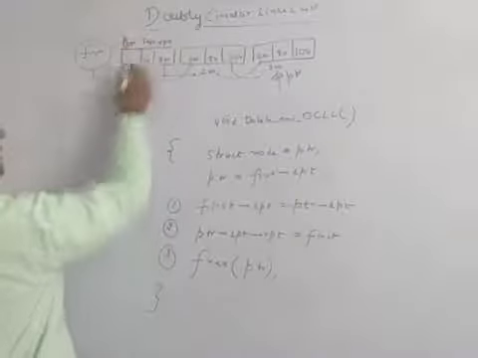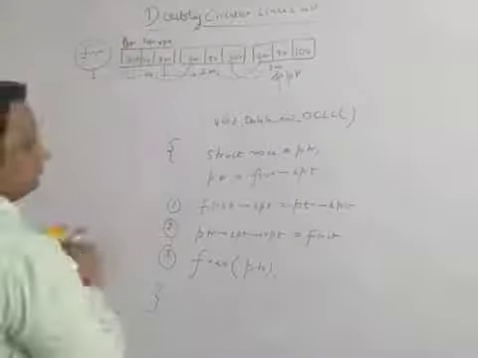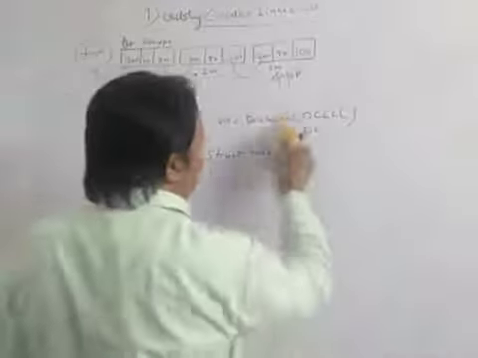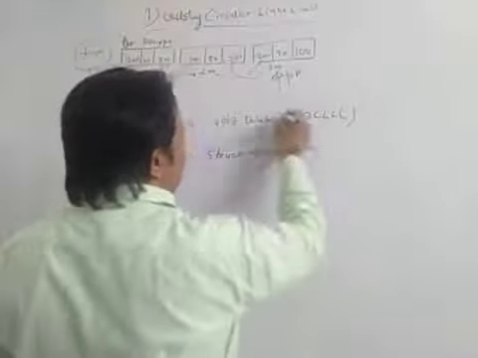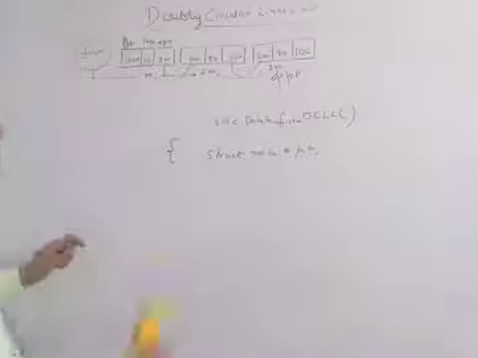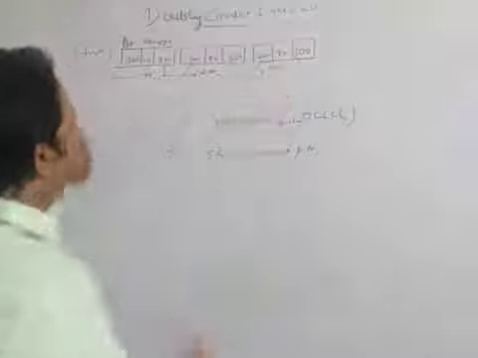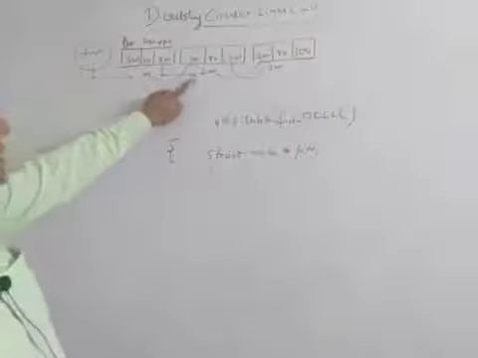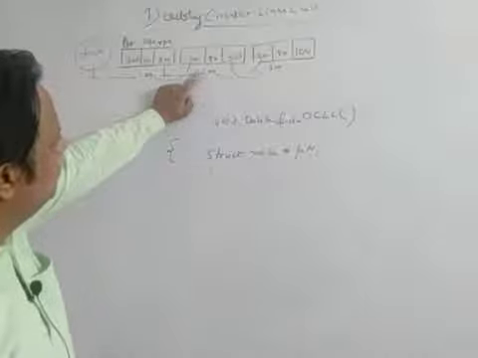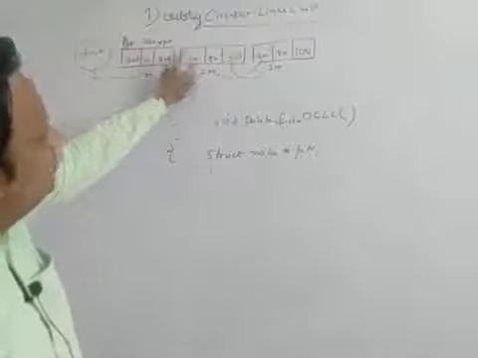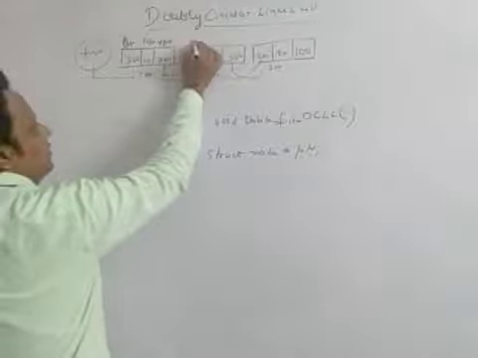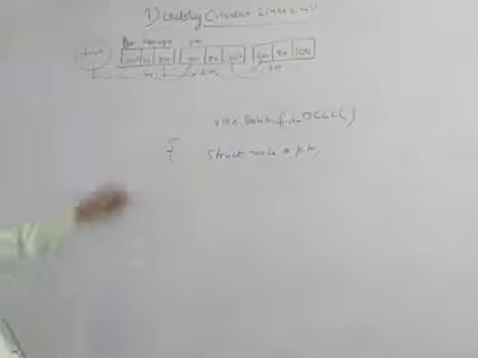Now I want to delete the first node. delete_first. Now think logically: if I delete this node, this becomes my first node. So if this becomes my first node, then the first node's LPT should contain the address of the last node. So here I want 300. Fine.